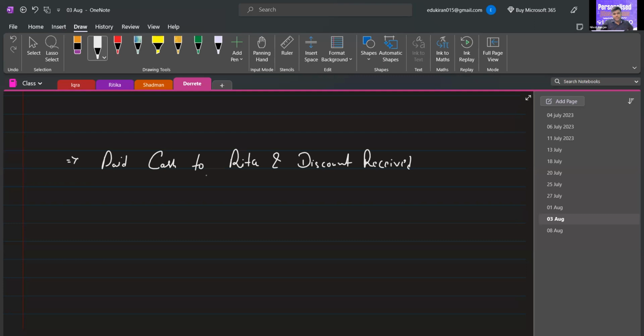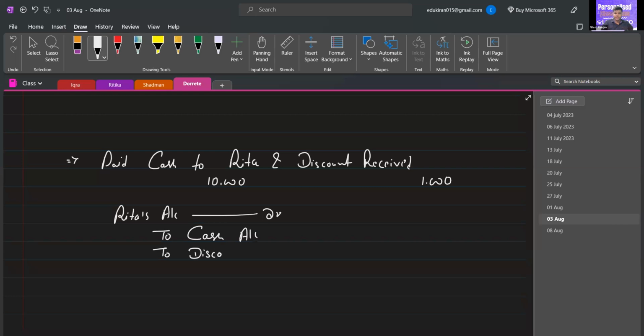Paid cash 10,000, discount received 1,000. So the journal entry will be Rita account debit, to cash account, to discount received account.